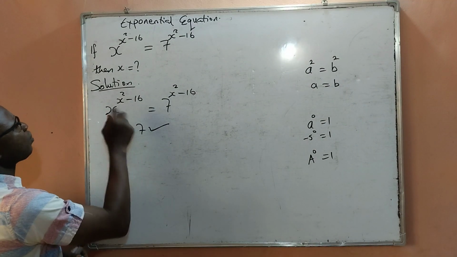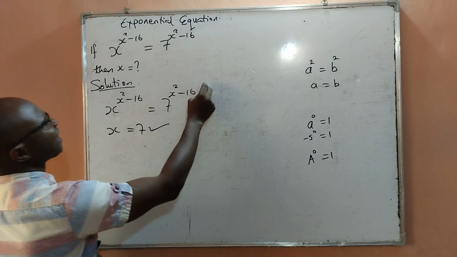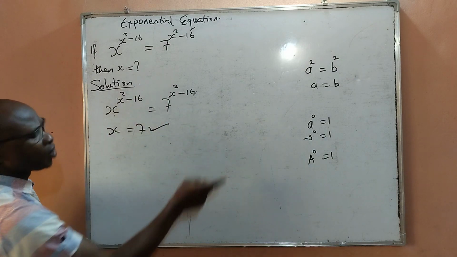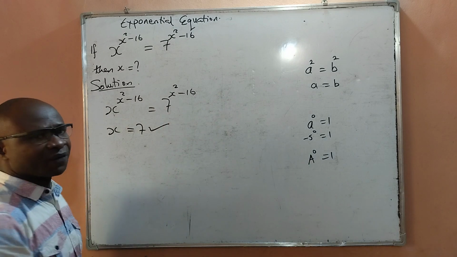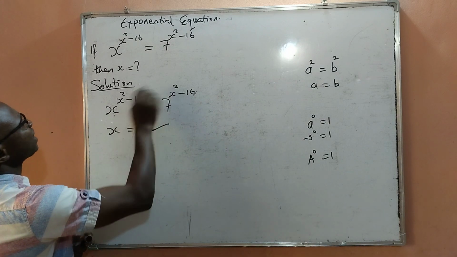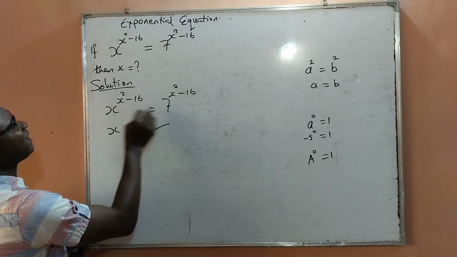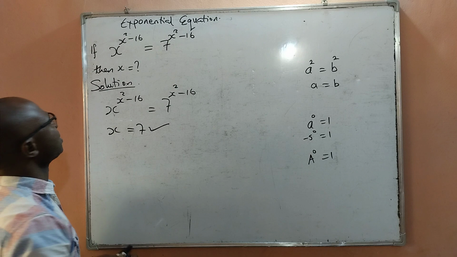Therefore, what can we do to make the power of the left equal to 0 and the power of the right equal to 0? Simply equate the power to 0. And you can see the power of the left is equal to the power of the right. So when we equate one of the powers to 0, then we have made the power of either the left or the right equal to 0.